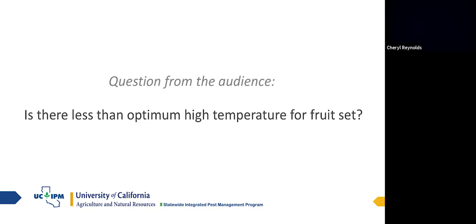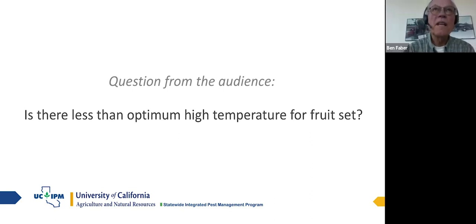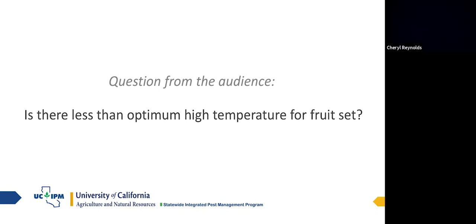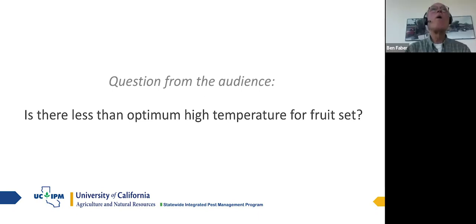Is there a less than optimum high temperature for fruit set? Can it be too hot for fruit set?